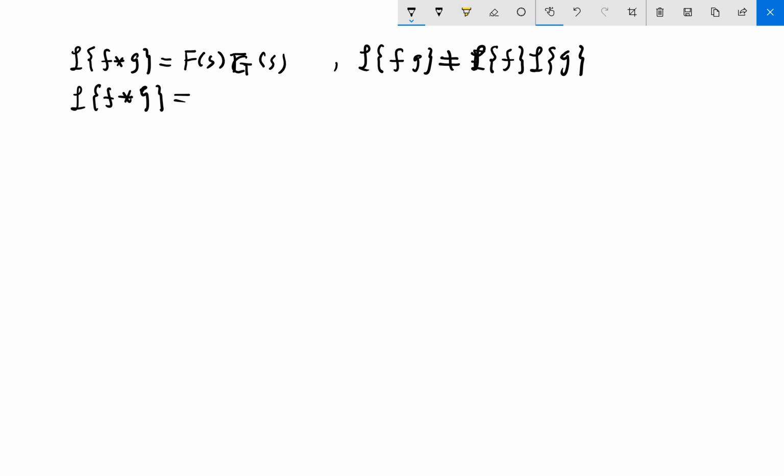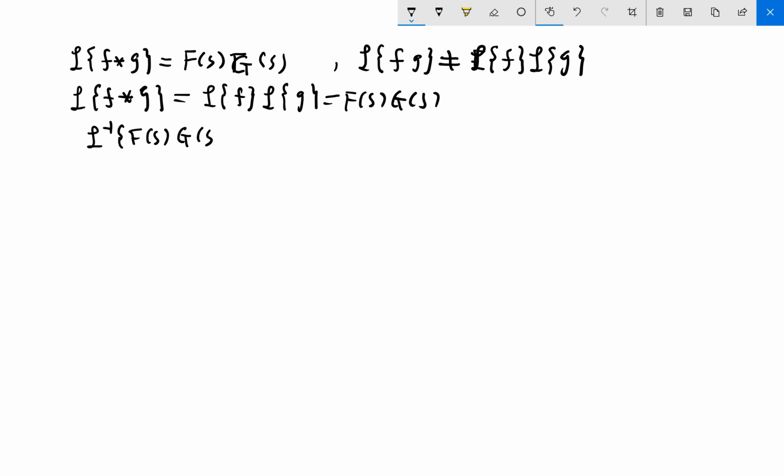The convolution of two functions together means you can find the Laplace transform of each one, then multiply them together. That is what we call capital F(s), capital G(s). So this means the inverse Laplace transform of capital F(s) times capital G(s).